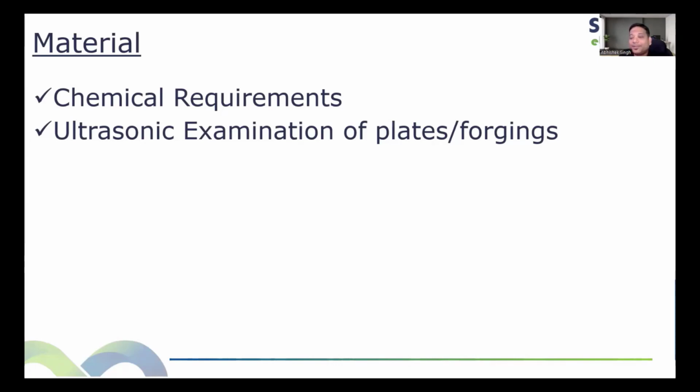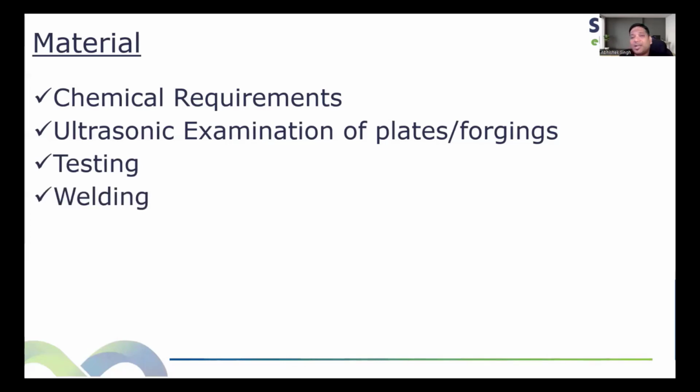It is coming from Division 2. In Division 2 also, above 50 mm, forgings and plates for all the materials need ultrasonic examination to accept the material. So it is also a cost-affecting factor for Division 2. Your cost will increase.